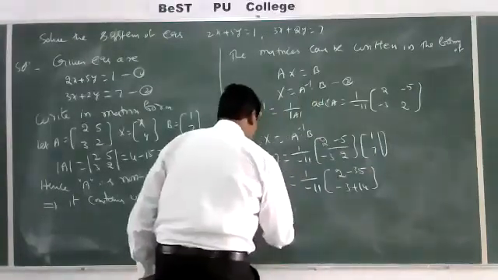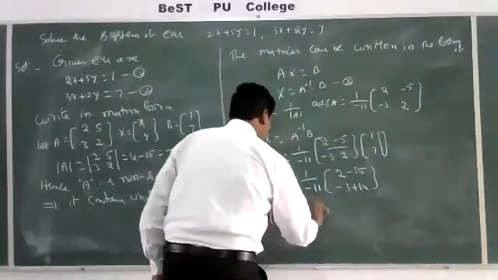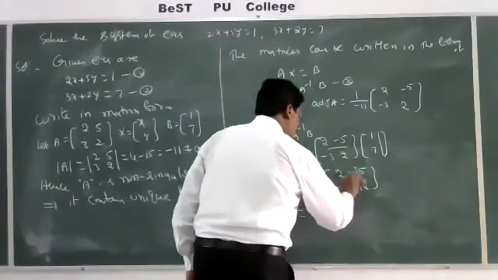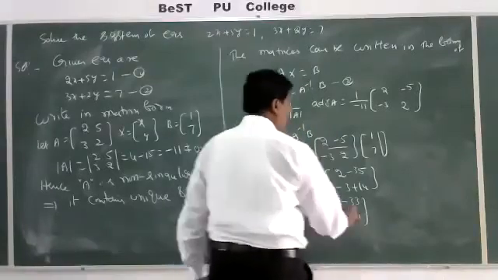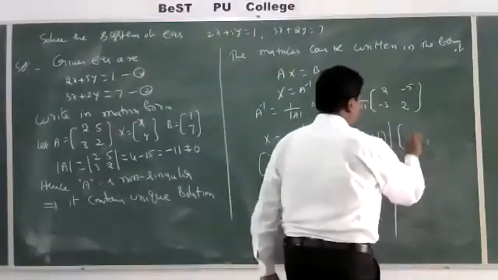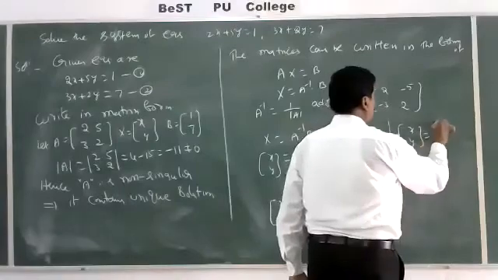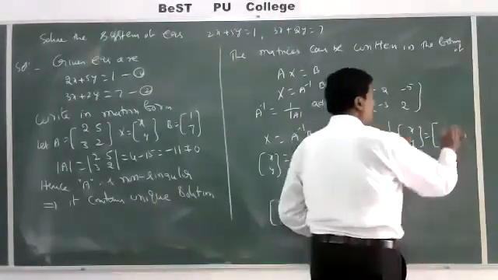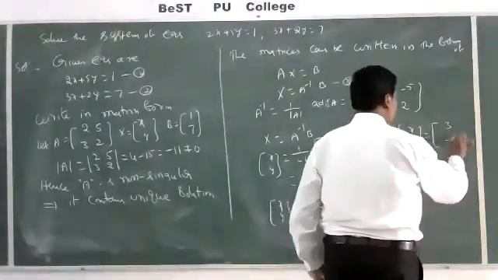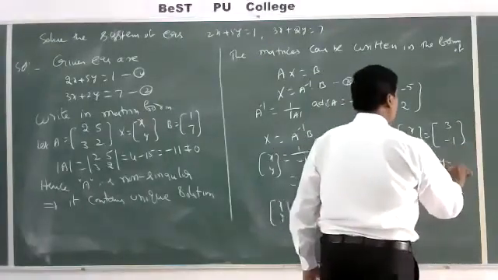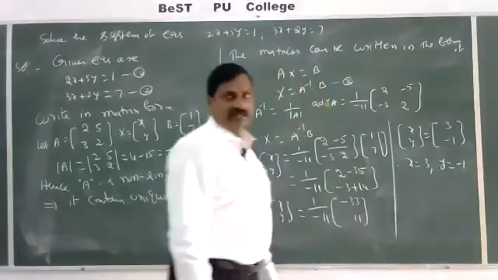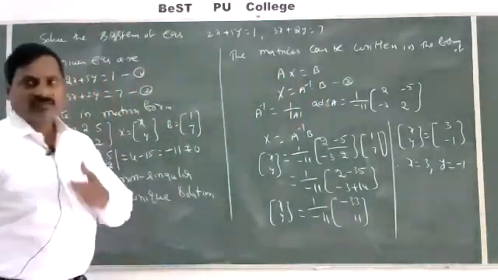This is x, y equal to 1 by minus 11 into minus 33, 11. If you divide by 11, we get 3, and 11 by minus 11 is minus 1. Therefore, x equal to 3 and y equal to minus 1. This is the solution of the equations.